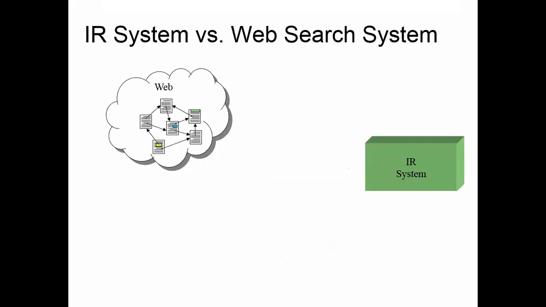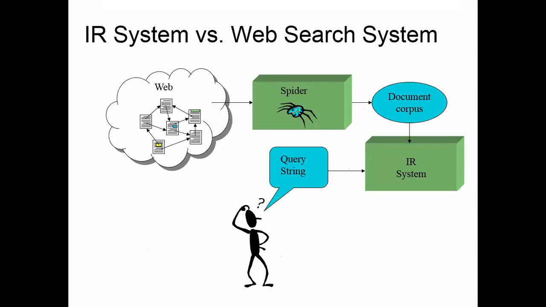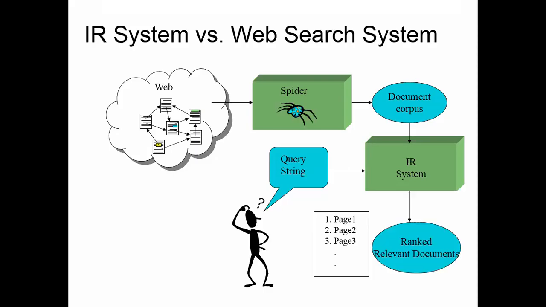Is an IR system the same as a search engine, or web search system, or web information retrieval system? Mostly they are similar, because like an IR system, it has to communicate with the author's world, and it has to communicate with the users' or readers' world, and it has to generate relevant documents in a ranked list.